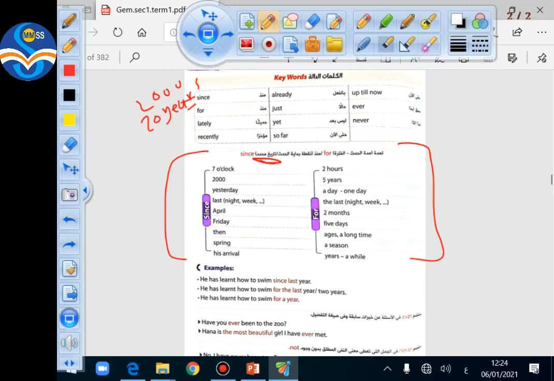While for is speaking about a duration: 2 hours, 5 years, a day, 1 day, the last night, the last week, 2 months, 5 days, ages, a long time, a season, years, a while. All of those words give me the duration and don't speak about when that happened at all. So this is the difference between since and for.